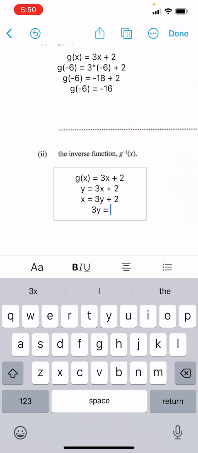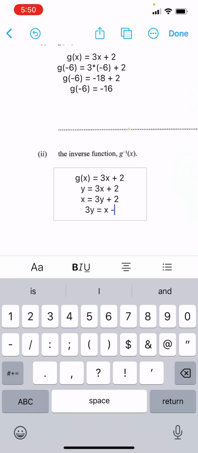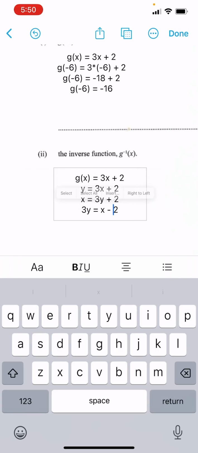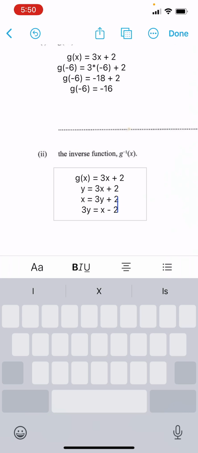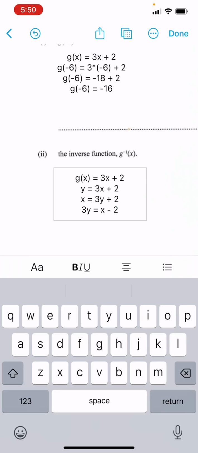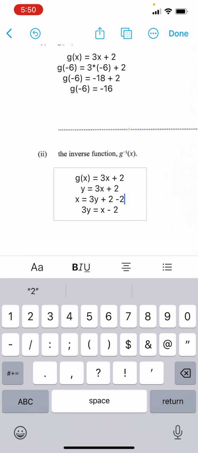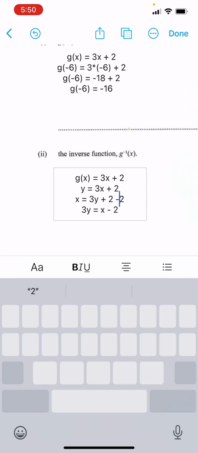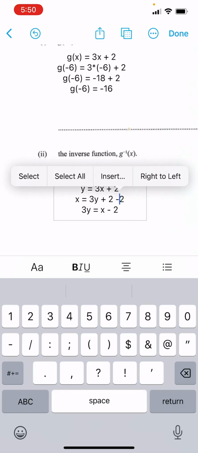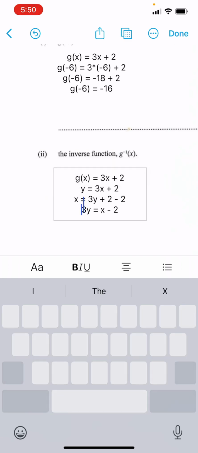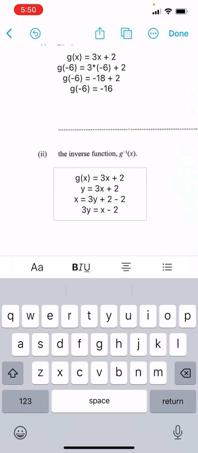Now, 3y is going to be equal to x minus 2. All right, we're going to isolate 3y, so 3y is equal to x minus 2. And you can show that by just subtracting 2 from both sides of the equation.